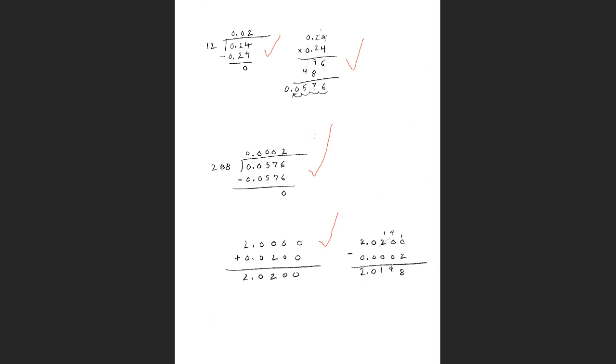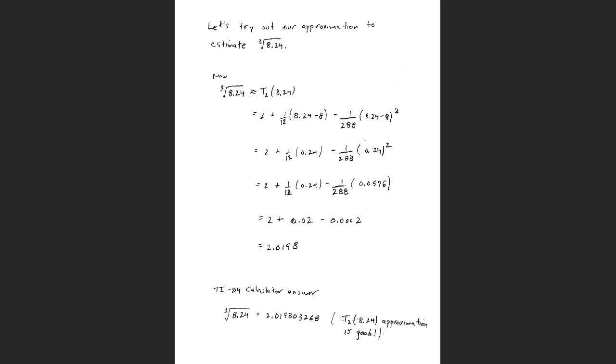This will be on the recording. I worked out all the necessary computations by hand, just like a mathematician several hundred years ago would have to do, just like a computer would have to do. With those computations, it's in the recording, you don't need to copy all that down. I'm going to get 2.0198. That's my approximation of the cube root of 8.24.